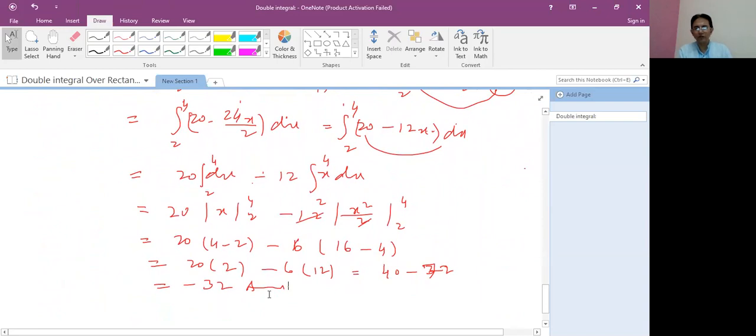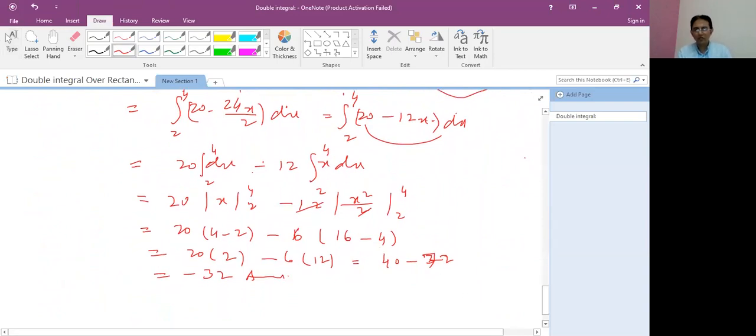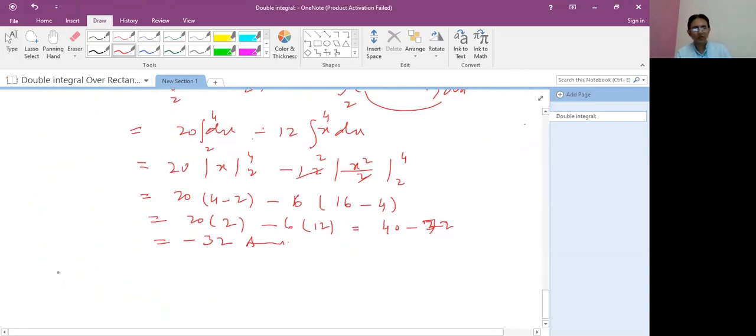So according to Fubini's theorem, we are applying it here. What is Fubini's theorem?